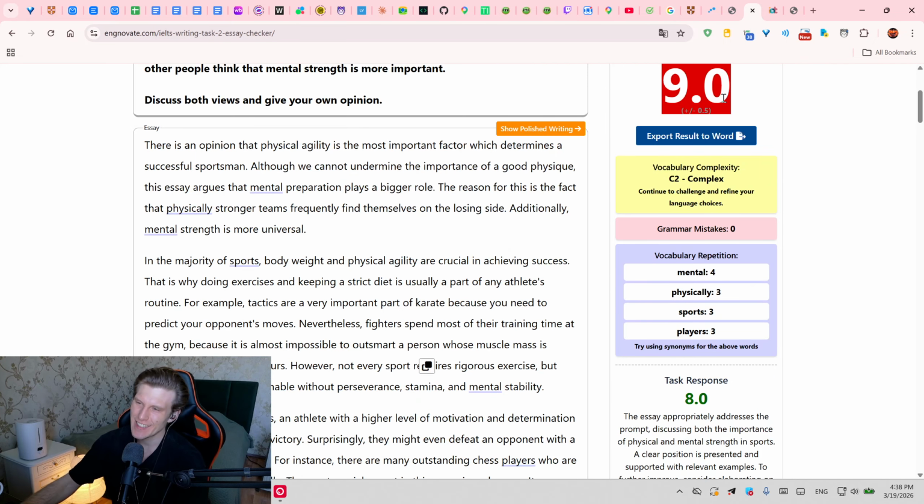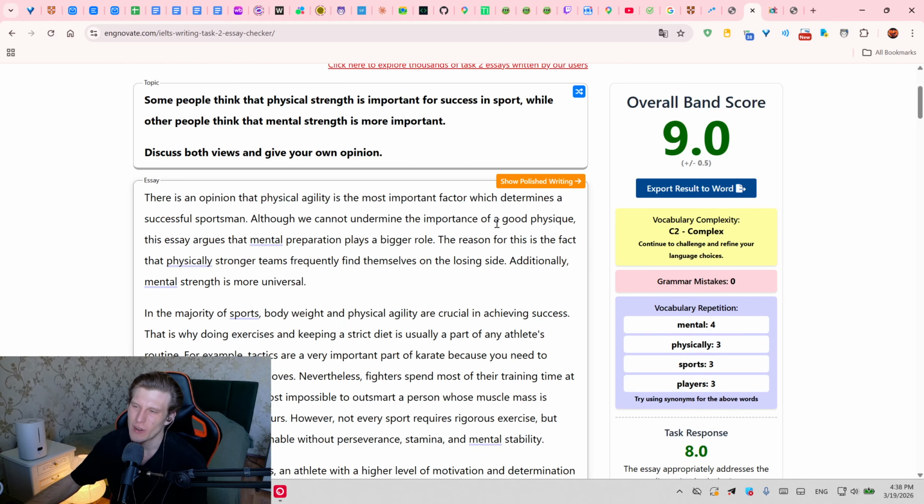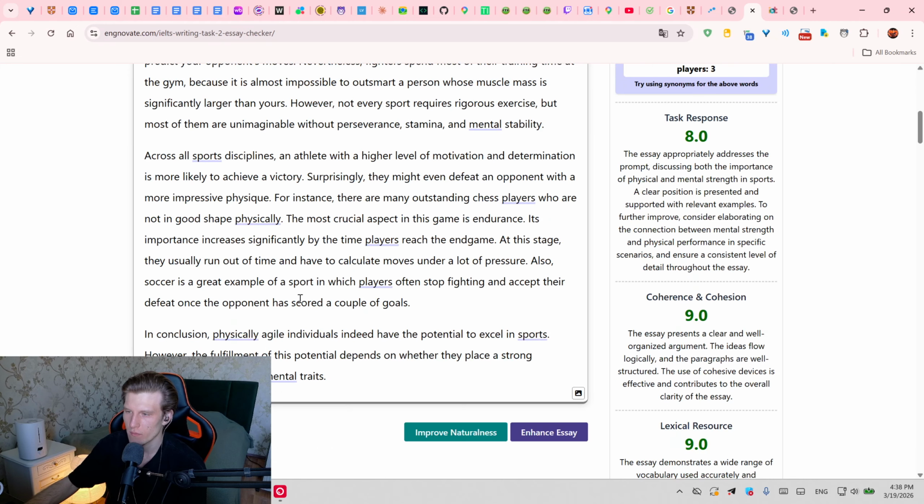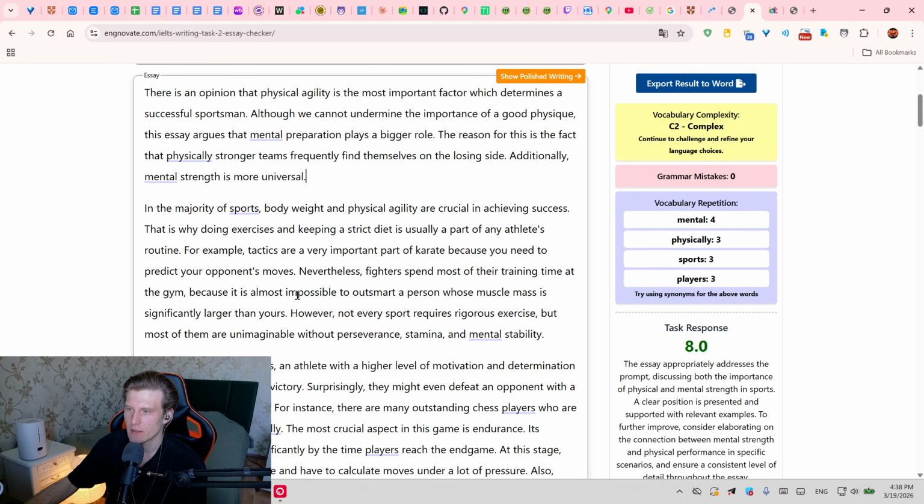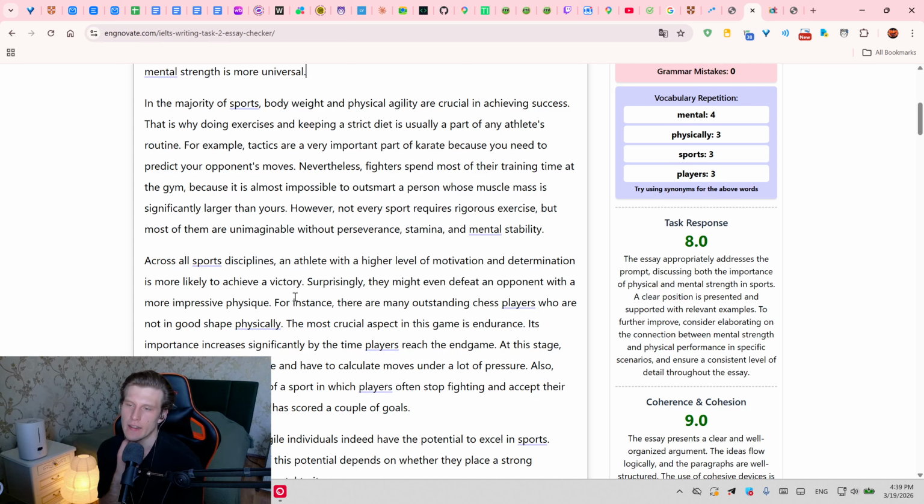So this is pretty decent. I wouldn't say that it's too accurate. Probably it's still not a band 9 essay, but 8.0, 8.5, why not? Another thing worth noting here is that any mistake that you make, especially a spelling mistake, affects our score.